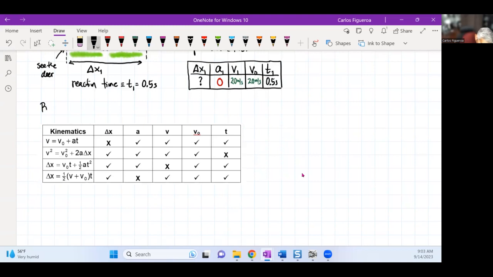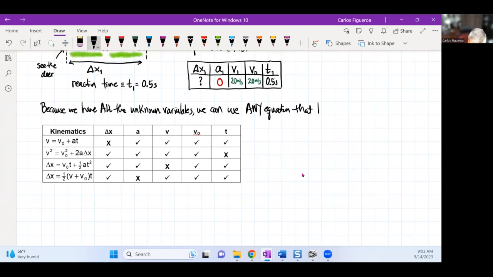Because we have all the variables, of course besides x1, we can use any equation that has delta x. Okay?